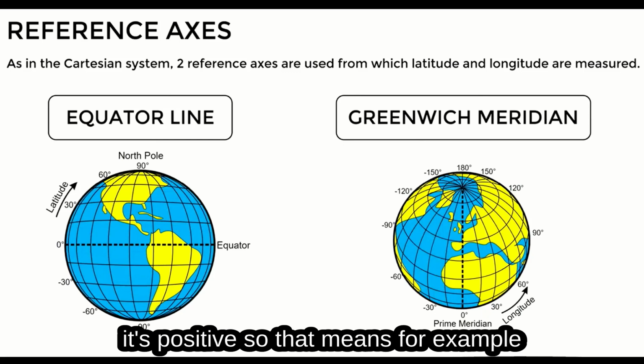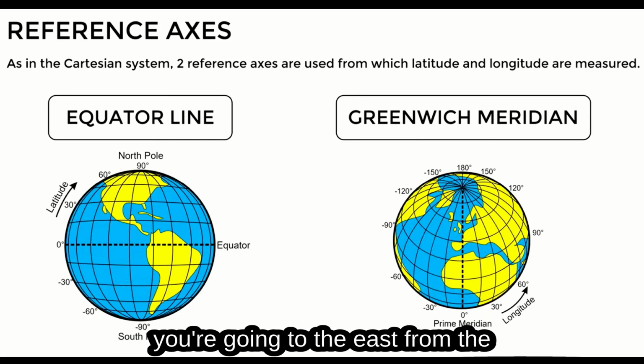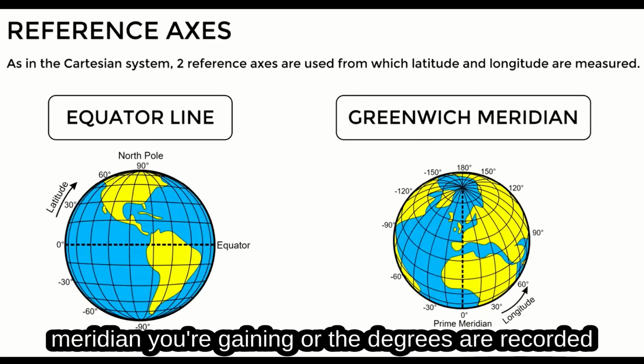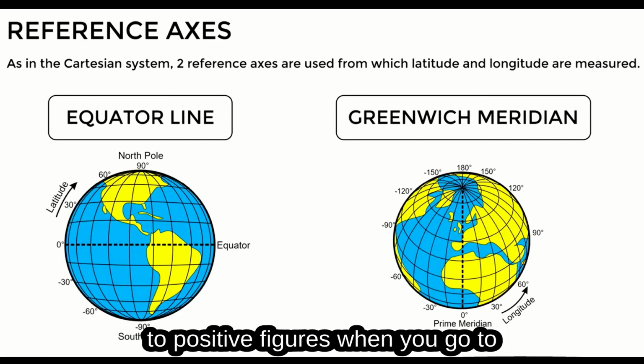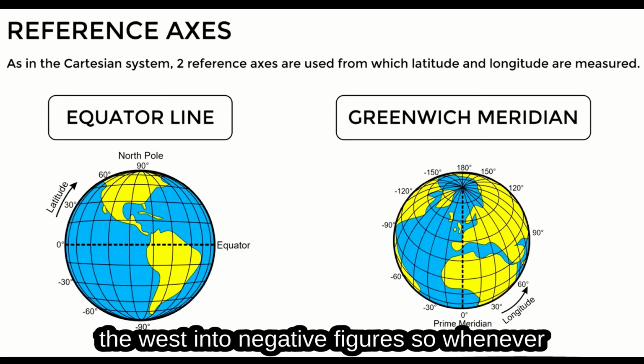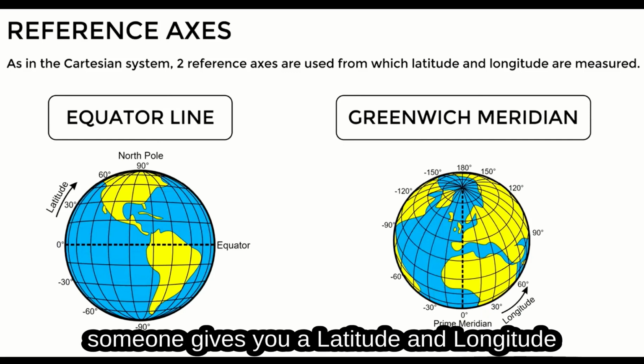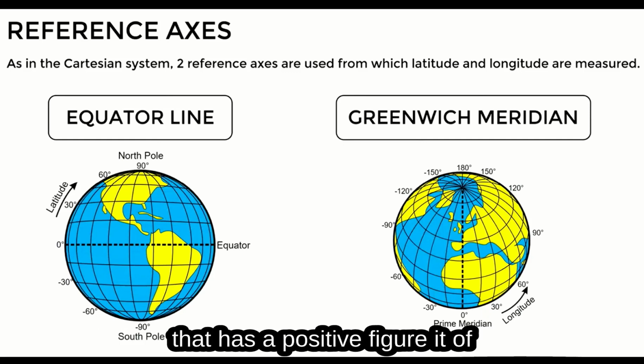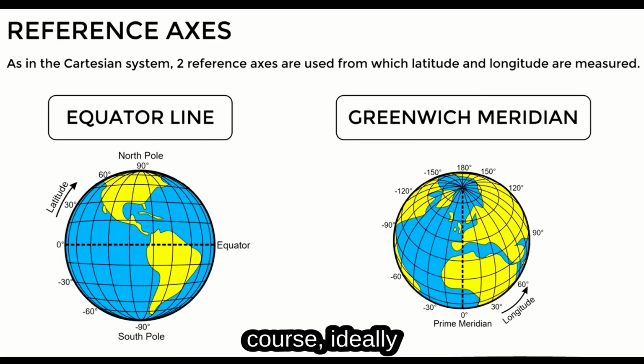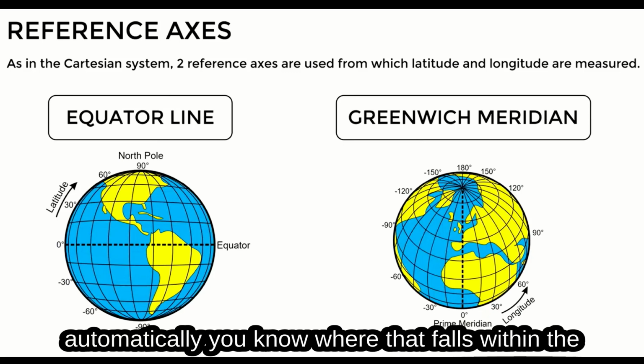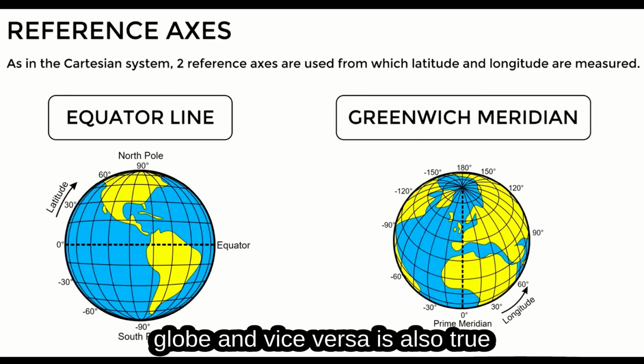That means if you're going to the east from the meridian, you are gaining degrees, which are recorded in positive figures. When you go to the west, it's negative figures. So whenever someone gives you a latitude and longitude that has a positive figure, you will ideally know automatically where that falls within the globe, and vice versa is also true.